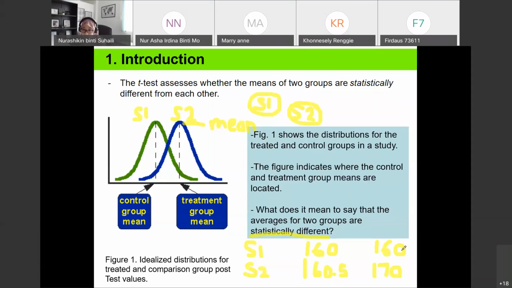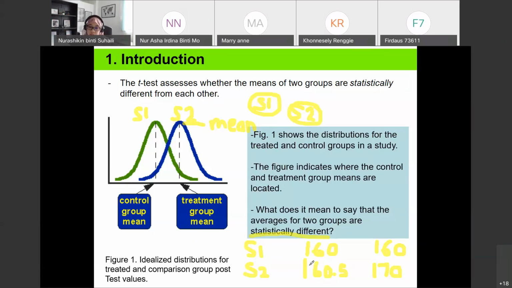You can see the difference between a person who is 160 cm and a person who has a height of 170.